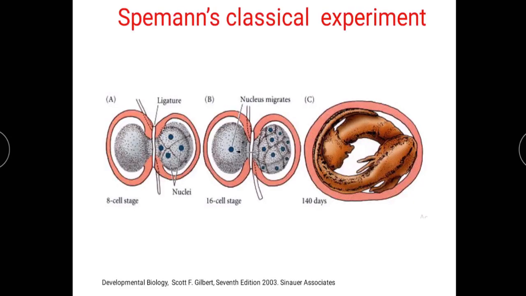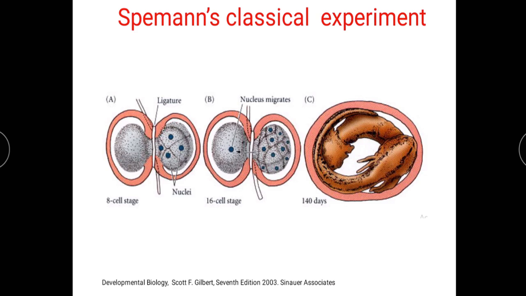The experiment begins with research on newts, in which Spemann took a fertilized newt egg and tied it with a baby's hair, causing all the nuclei to push on one side.